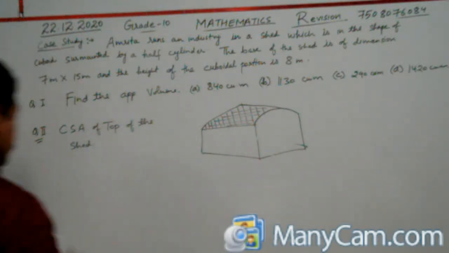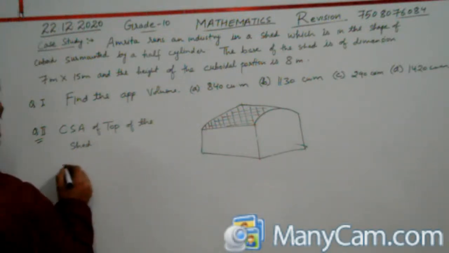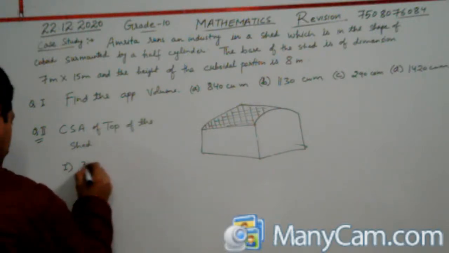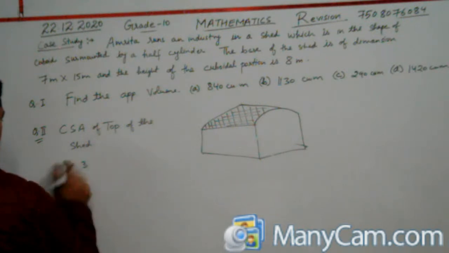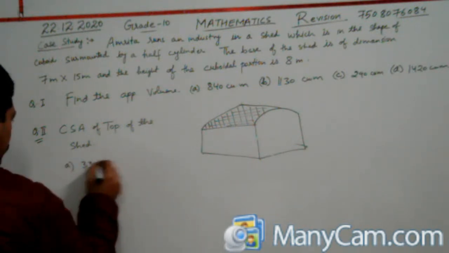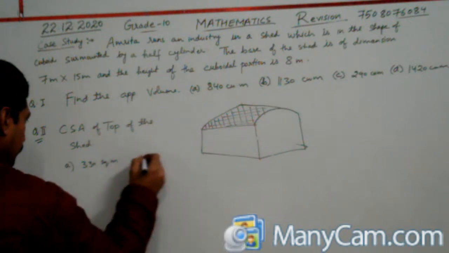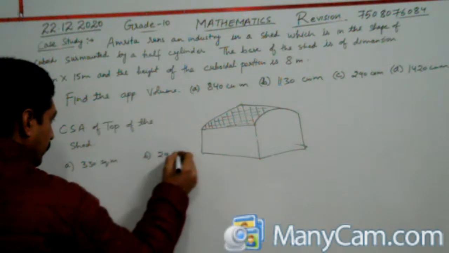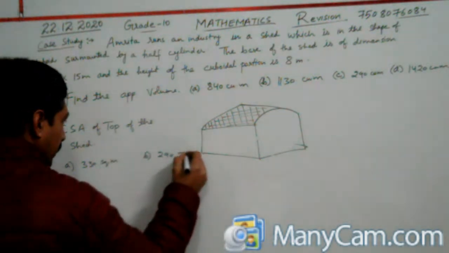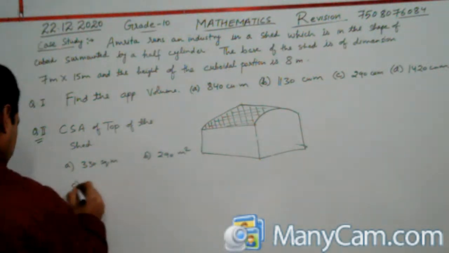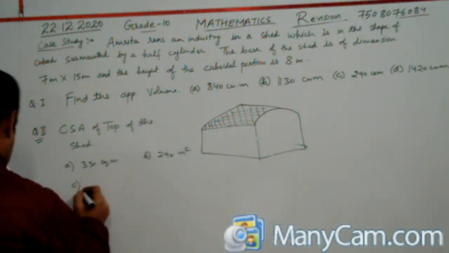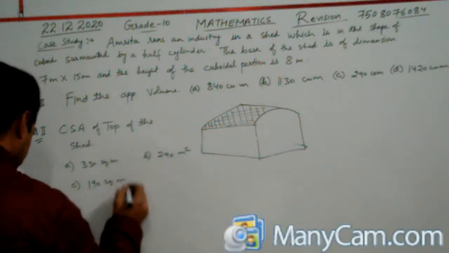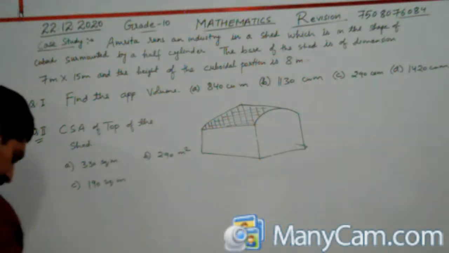That is A part, 330 square meter, B 290 square meter, C that is 190 square meter, and then we have 165 square meter.